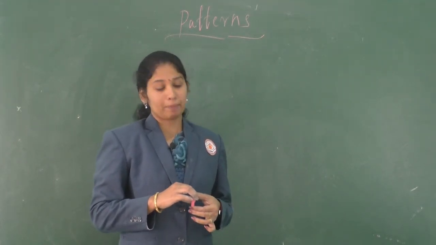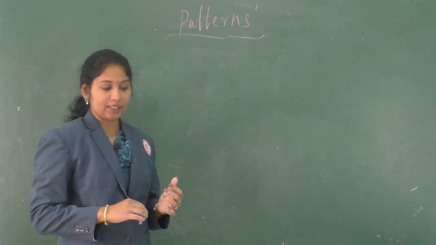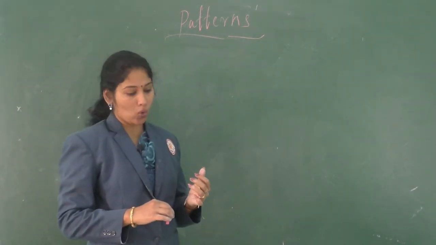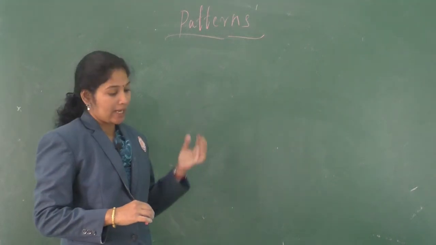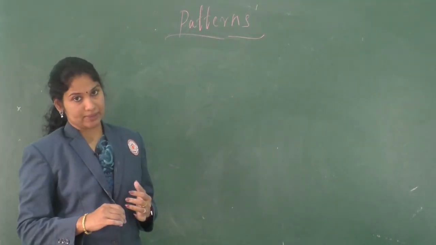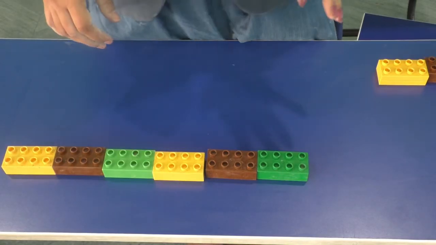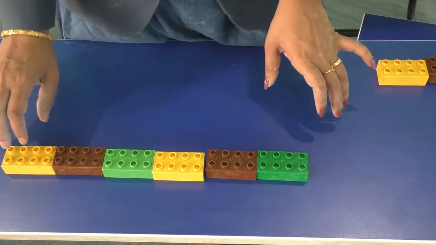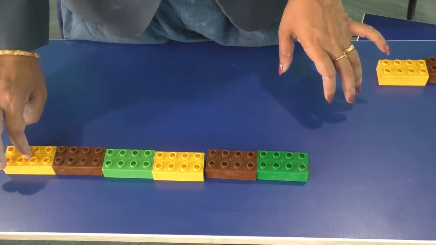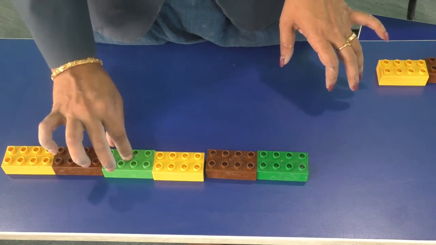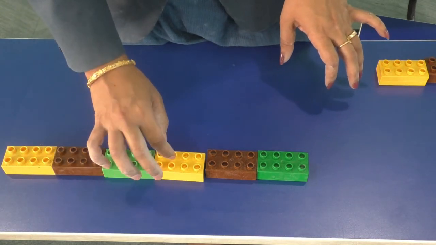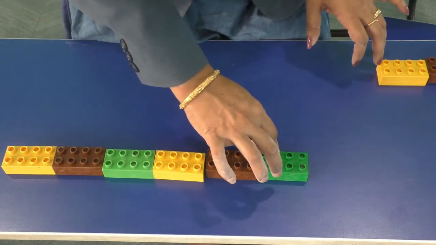Children, our next topic is patterns. Patterns can be repeated by number, shapes or color, repeated in a sequence. First we will see change in color. We have yellow block, brown block and green block. Next, yellow, brown and green block.